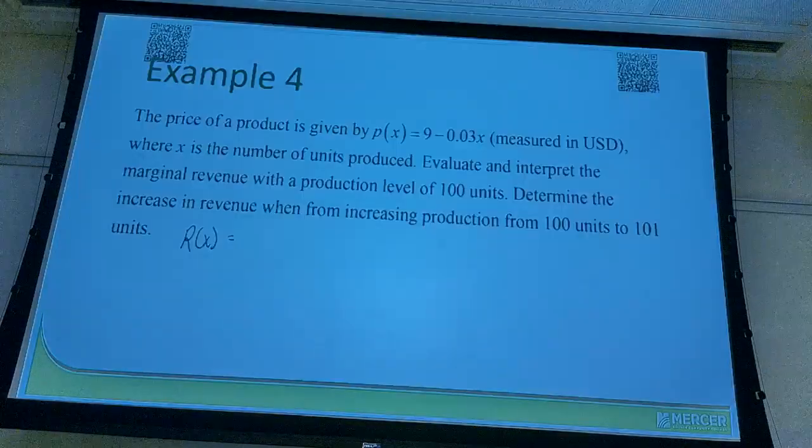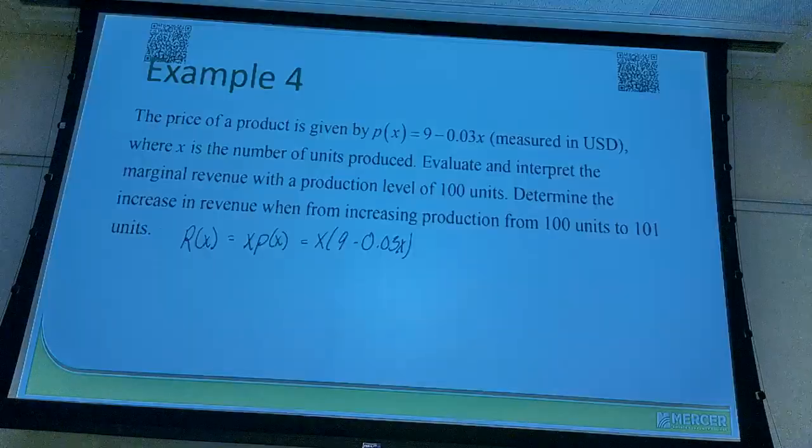Revenue, isn't it how much something's worth times the number of units sold? Wouldn't that just be X times P of X? Yeah, I guess, we know X is 100 units. There's your revenue function.